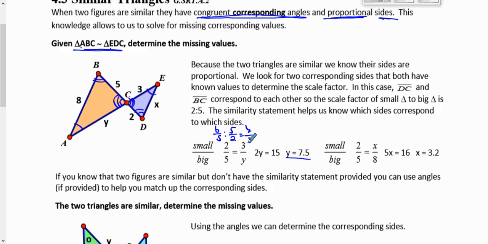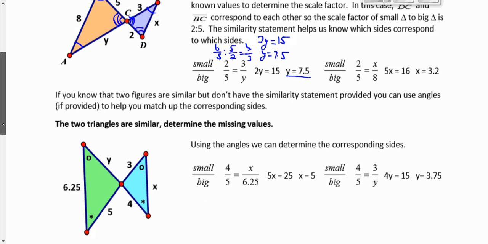Cross multiply. What do you get? 2Y equals what? Same thing. It doesn't matter which way you start. You have to go the same for both of them. And then for X, the same thing. You get your corresponding lengths and set them in a proportion correctly.